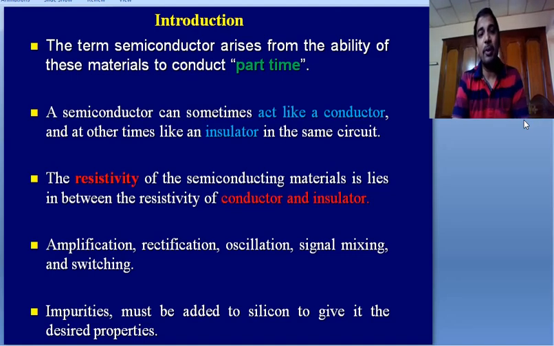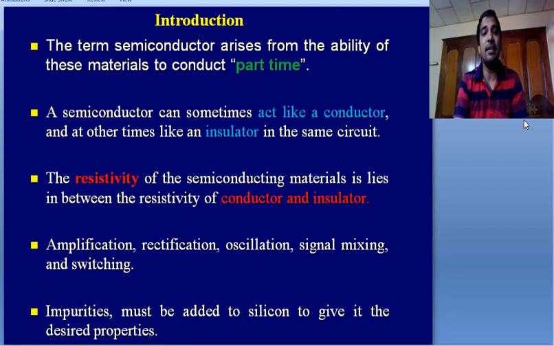Yes, the problem with conductors is we can't control the passage of electricity. Once you switch on, it always flows. With insulators, you can't pass it, so you can't control electricity either. So we need some materials in between these two such that we can control the passage of electricity, right?